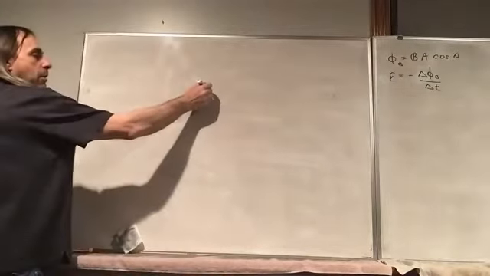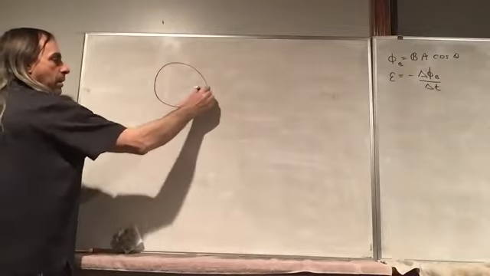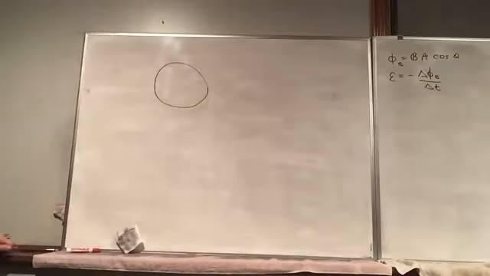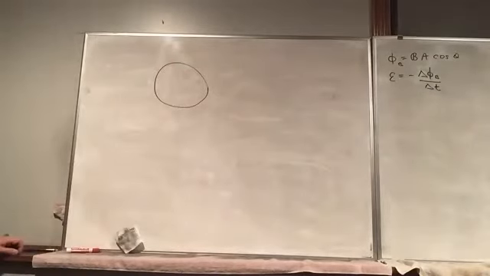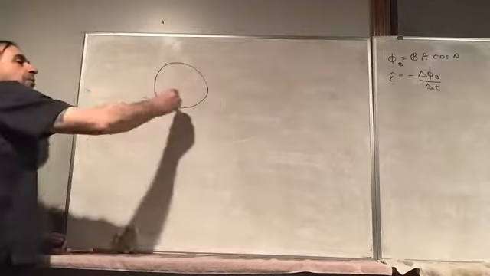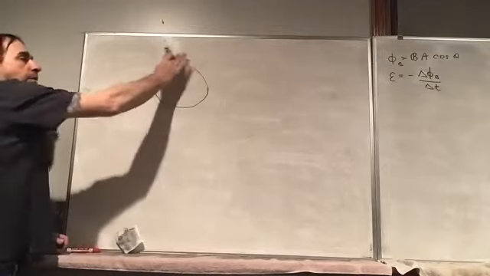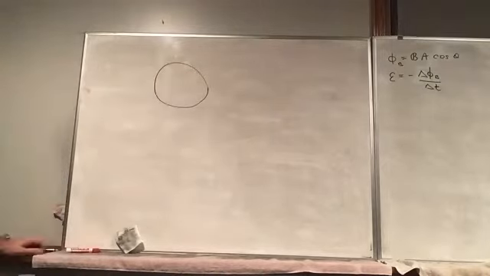Let's say a circle, or we have a flat surface, say the boundary of that surface is a circle. And so we can calculate the flux through the surface, and the EMF around the boundary of that surface. And that EMF is caused by a change in flux through the surface.